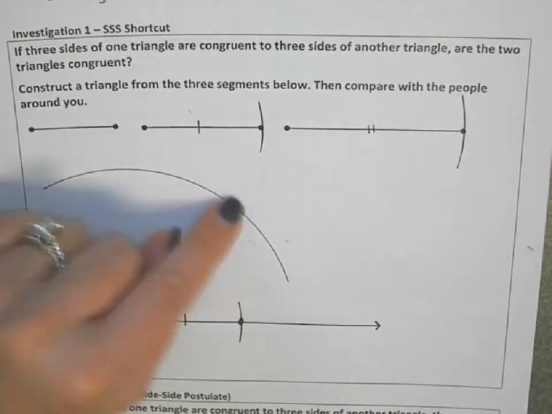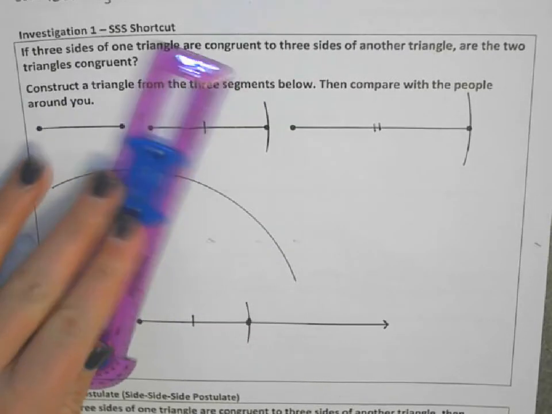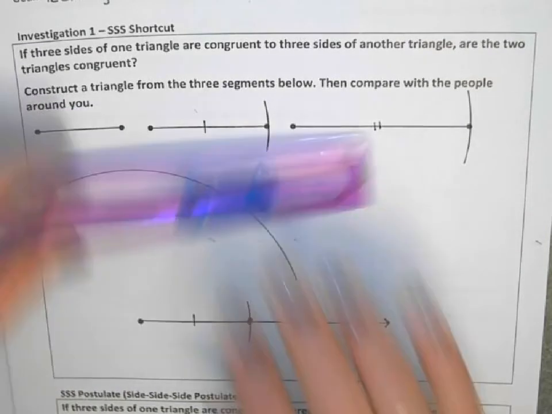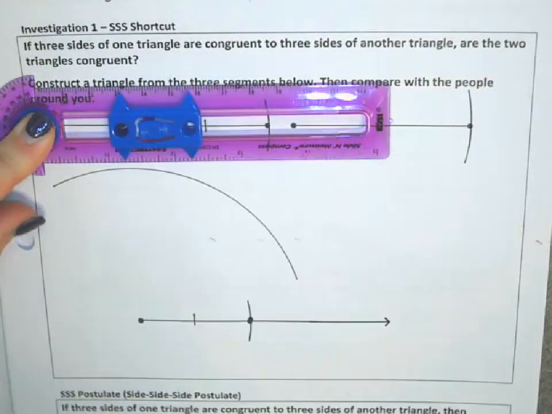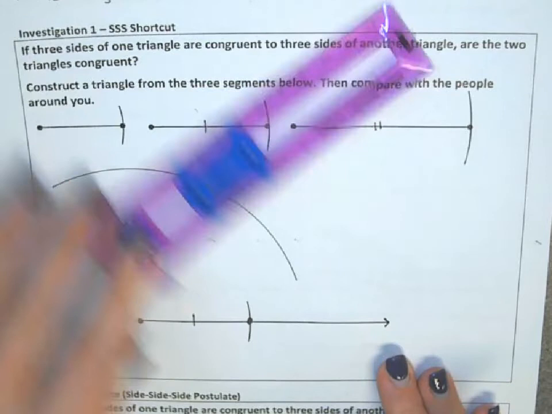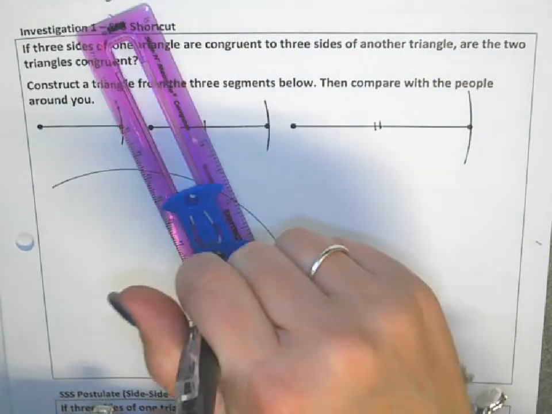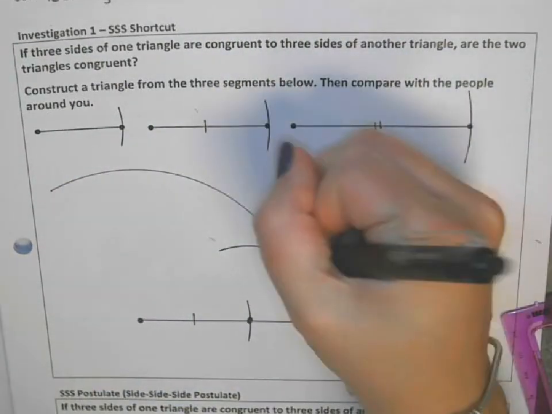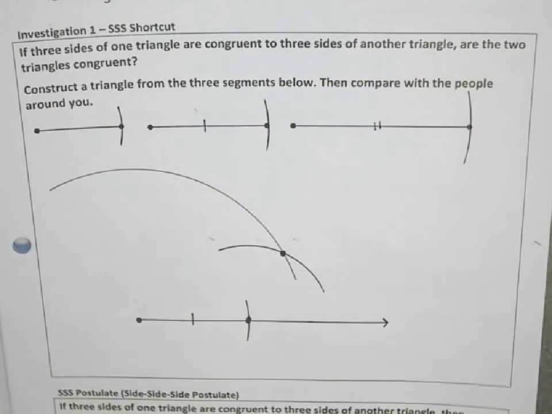So I know whatever side it goes here, whether it's to here, to here, to here, it's going to match this side that I did. Then I'm going to take my last side coming off of the next point, make that arc, and where those 2 arcs meet is the 3rd point of your triangle.